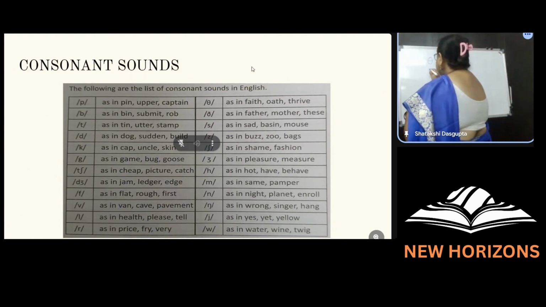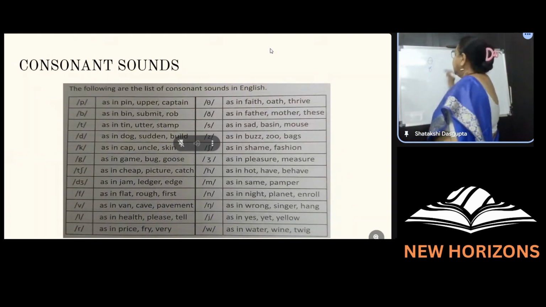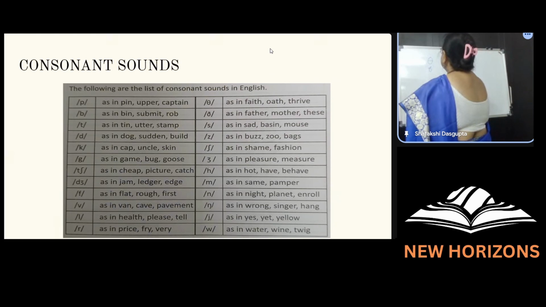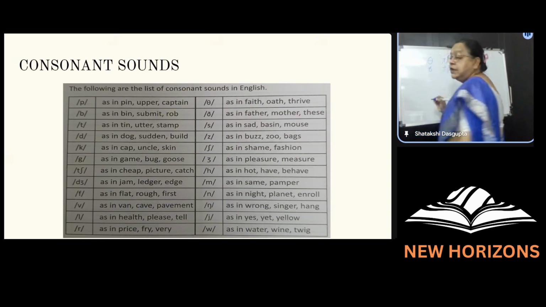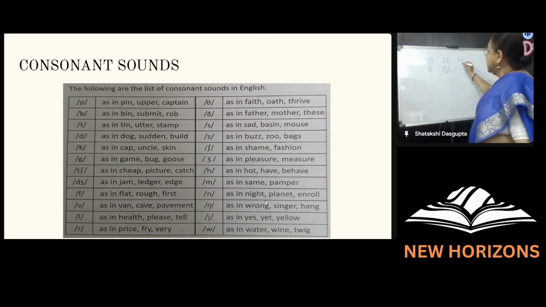And the other one is a small O which has a moon on top of its head. Both tell us the sound of TH, but they are very different. If you see the words, can anybody tell me what sound will come out from here? Th.